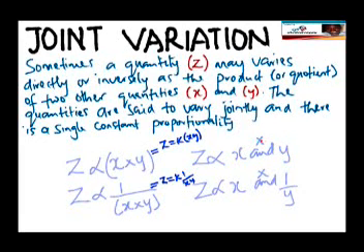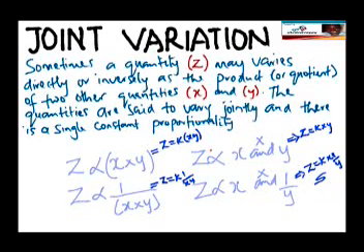Now and refers to times, so we have this in this format: z is equal to k x y. For this one, z varies as x and the inverse of y, so we could represent it as z equal to k x times 1 over y. So whichever way, you know what to do in your joint variation.